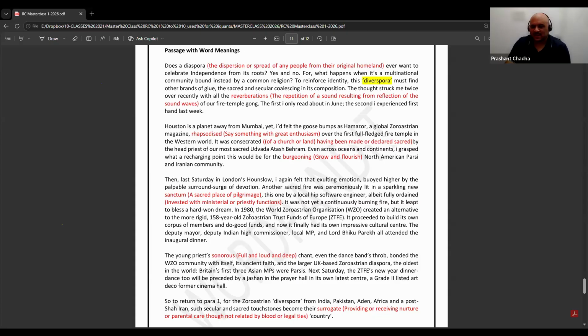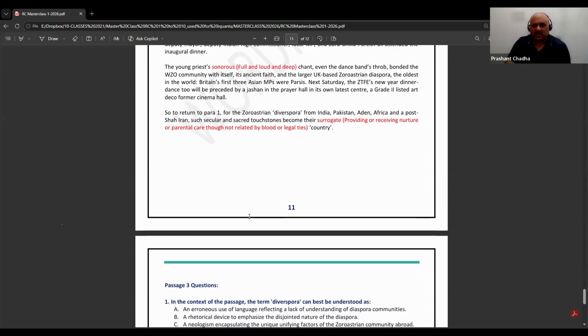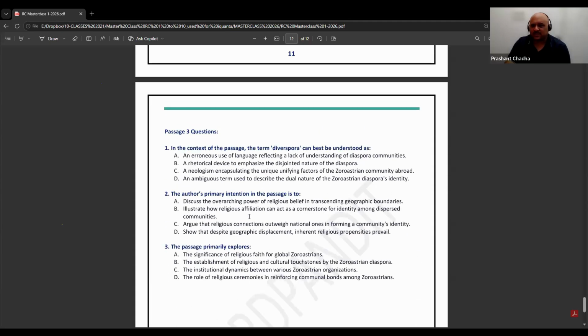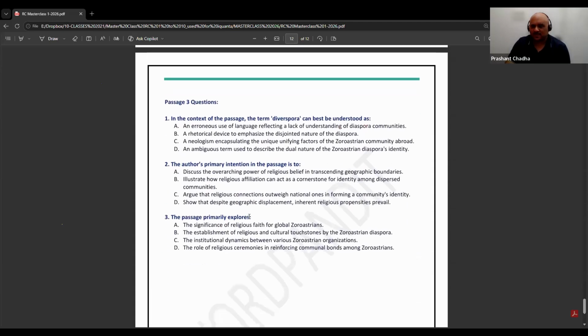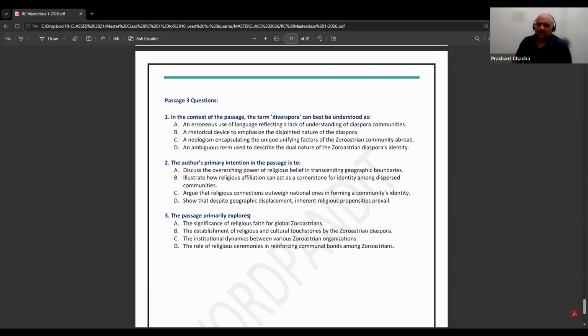Don't definitely get the main idea accurately. Okay. Chalo. Quickly, three questions. Quickly, the three questions, and then we'll discuss the passage and the questions.